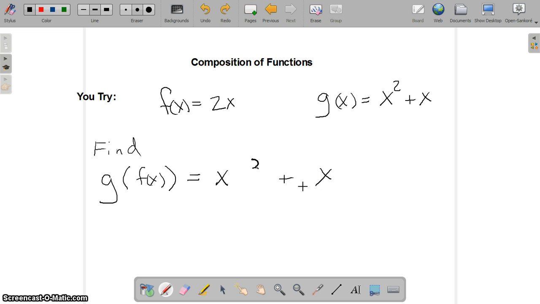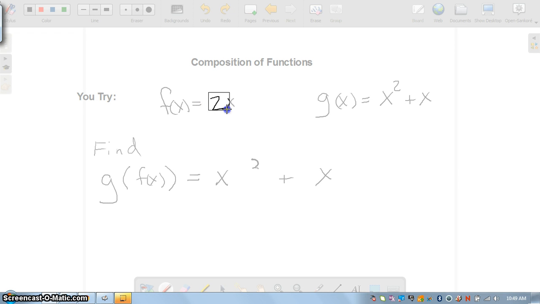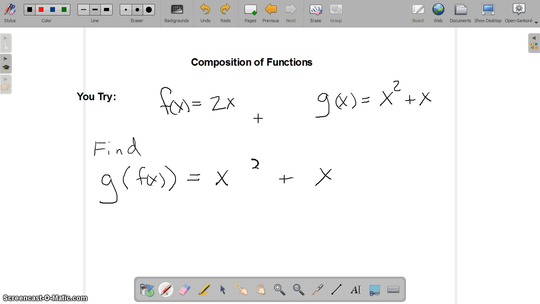So I'm going to take my f function and copy that. I'm going to pick that up. It landed right on the x where it was supposed to go. I'm going to stick that right there.